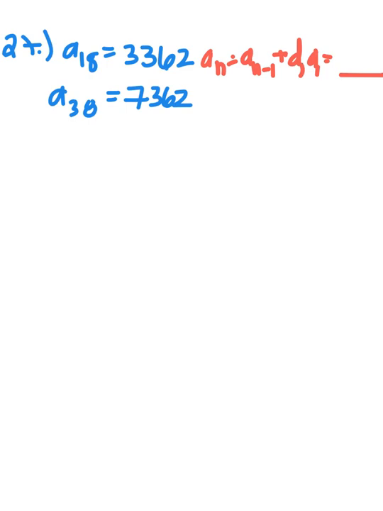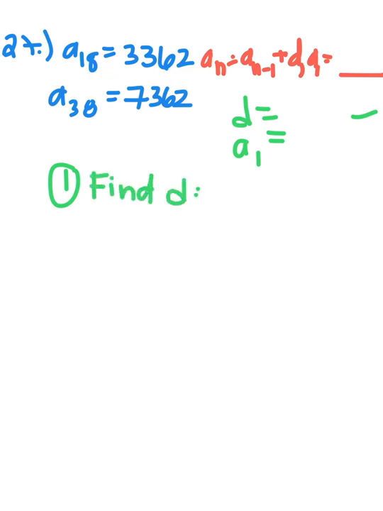And then this last one asks me to write the recursive formula as well. So I need to find d, and I need to find a sub 1. So to find d, I'm going to make a table. So I'm going to make a table of n and a sub n values.